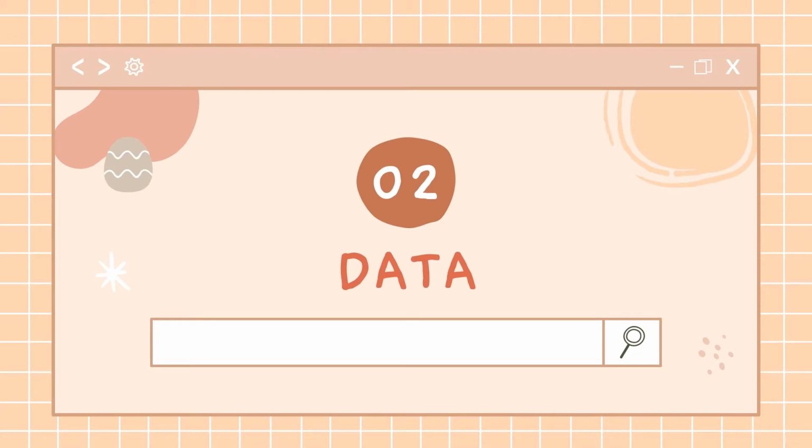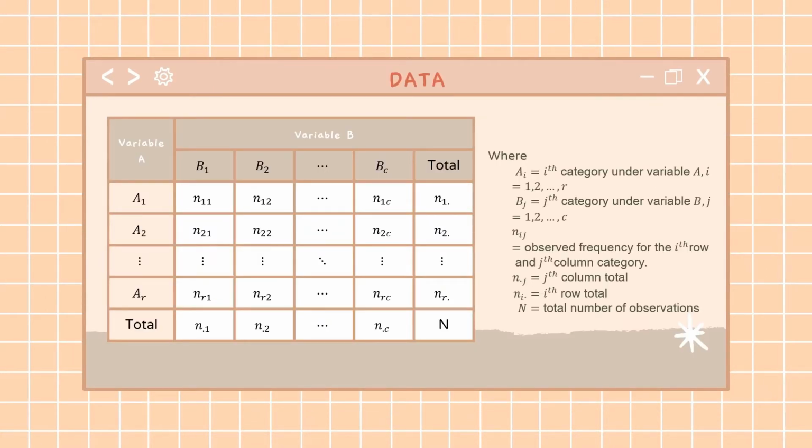For the data, we now have this R by C contingency table, and we have this variable A, variable B, and these subcategories. We have the A sub i to be the ith category under variable A, i from 1 up to R, B sub j the jth category under variable B, j from 1 up to C, and we have this observed frequency, n sub ij for ith row and jth column.